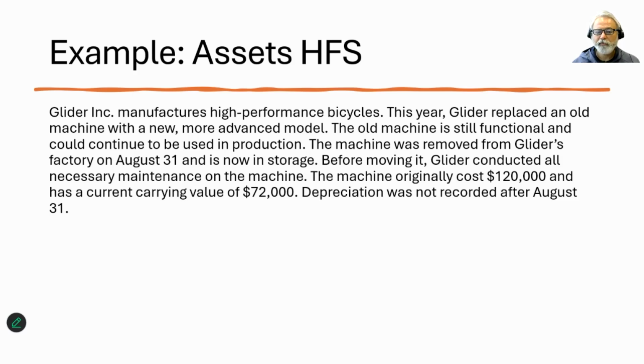The machine originally cost $120,000, has a current carrying value of $72,000. Depreciation wasn't recorded after August 31st. So that's something that I didn't mention. So once an asset has been classified as held for sale, you no longer depreciate it.